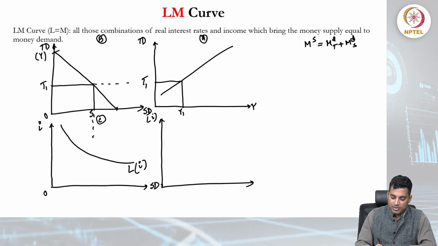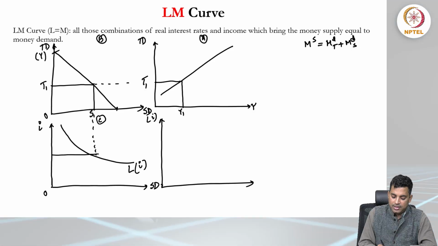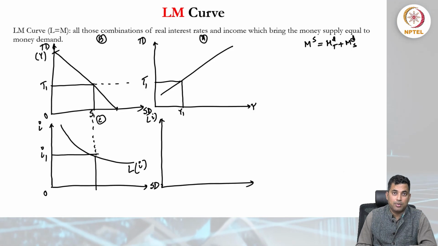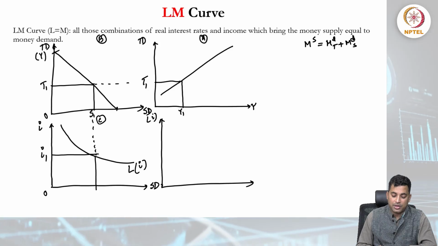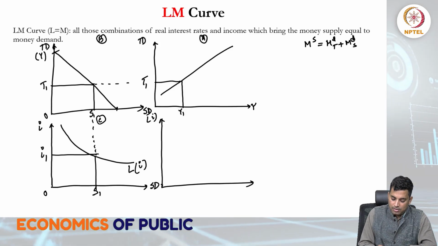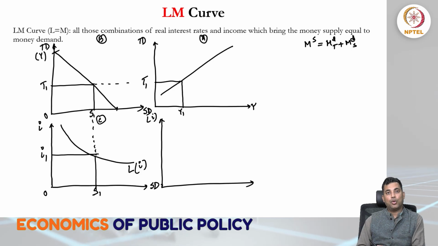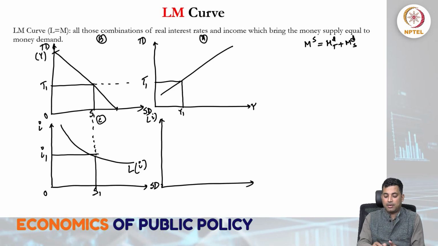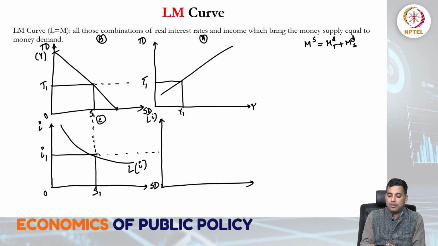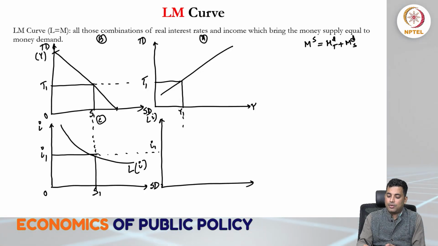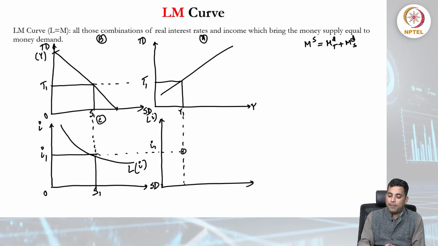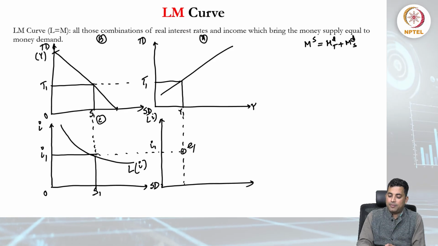Because there is a trade-off between S and T, with OI1 amount of rate of interest, OS1 amount of speculative demand will be demanded in the money market. So along with this rate of interest, we get one point. If we plot that, we get small e1 here.